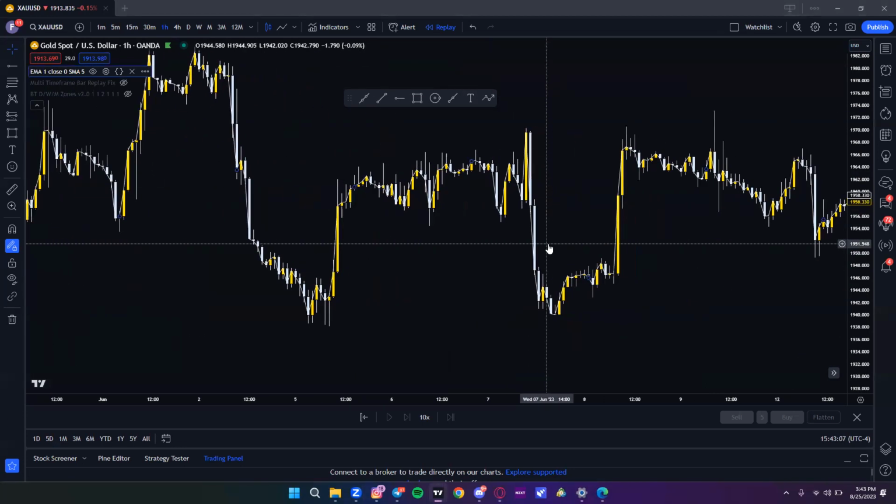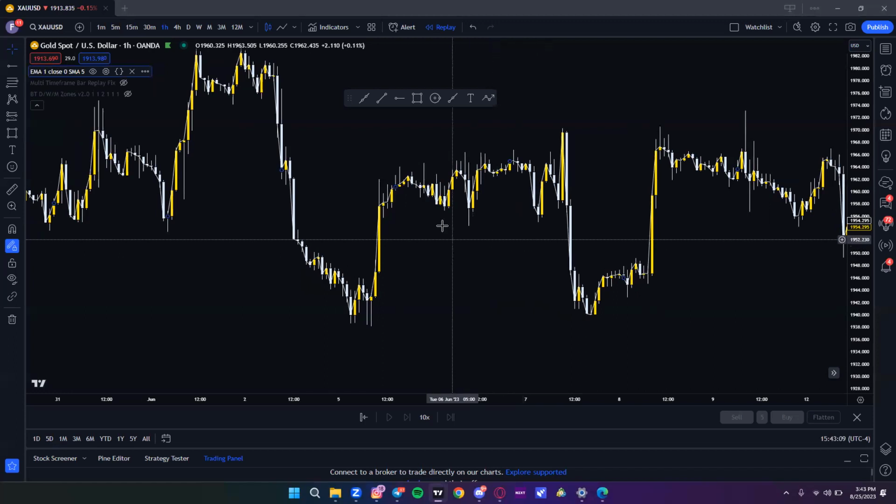Look for type 1, 2, or 3, and then identify what happens when price comes back to them. And then if you get a rejection, then you're going to look for a trend line.